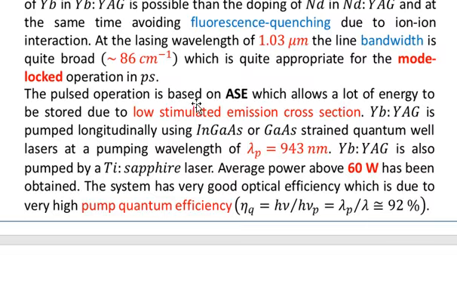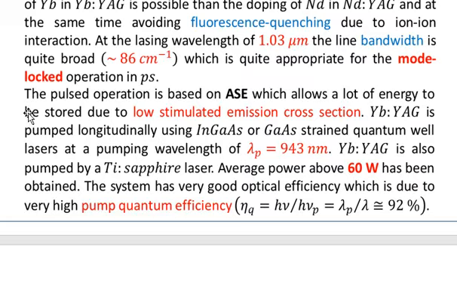The pulse operation is based on amplified spontaneous emission, which allows a lot of energy to be stored due to low stimulated emission cross section. So this point is very important, that since you have a low value of the stimulated emission cross section for ytterbium-YAG laser, it means that you can store more energy in the upper states.